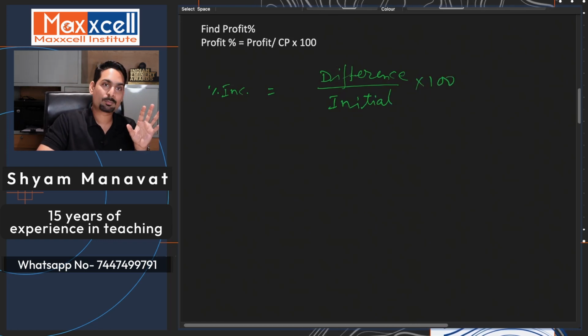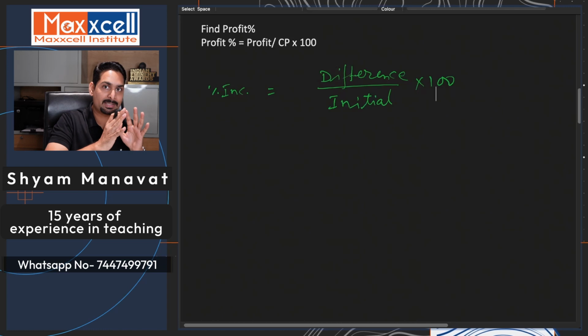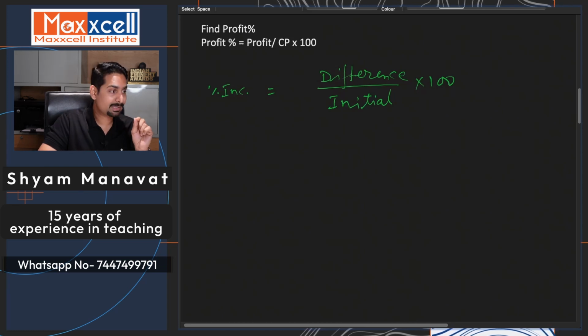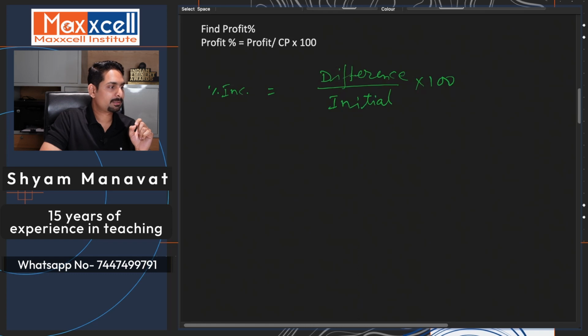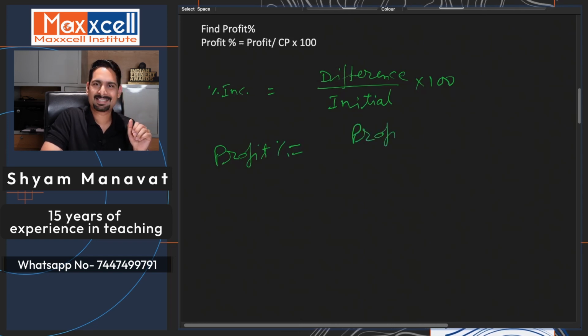Profit percentage is nothing but an increase in value, so an increase in percentage. You can give the same analogy as percentage increase. So profit percentage will be difference, and what do we call the difference in case of profit? We call it profit, and the initial value.